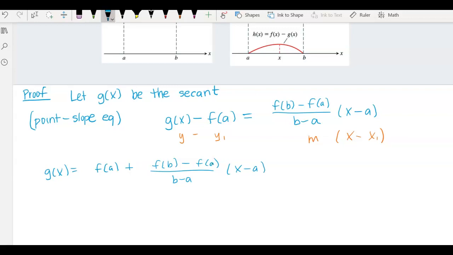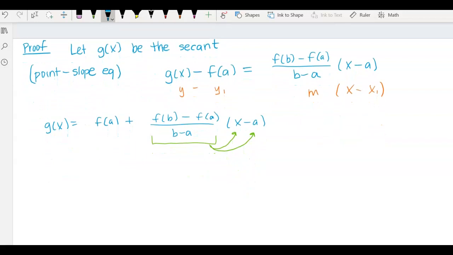And then what I'm going to do, actually, is distribute this number to both of these items here, because I eventually want to take the derivative and I want to have these be separated.